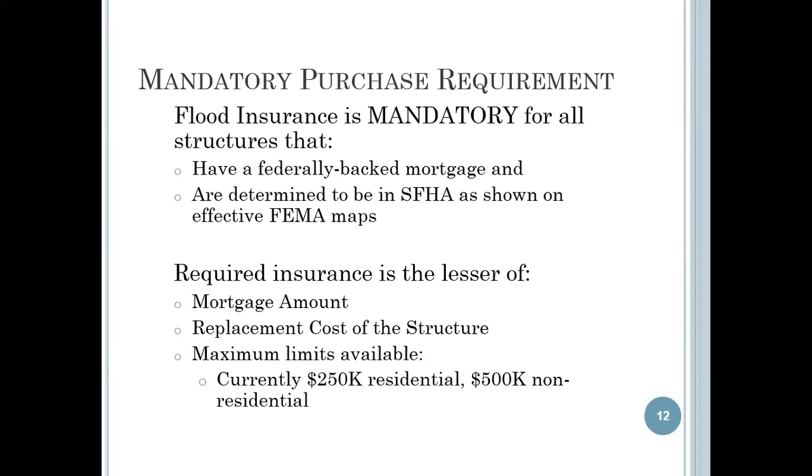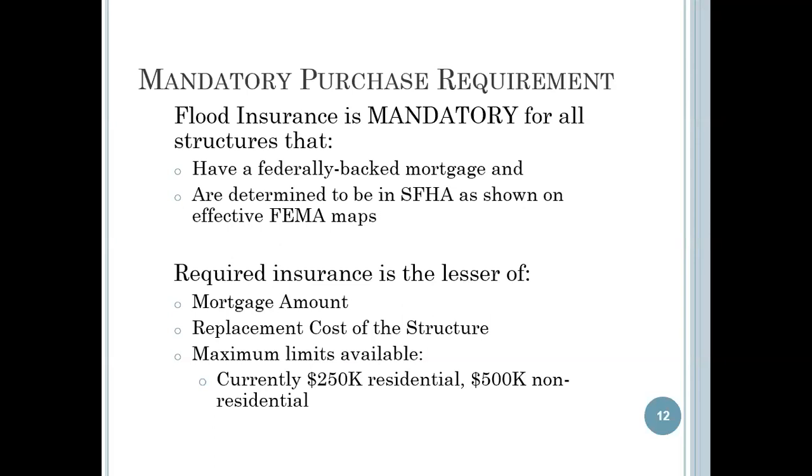And if it is, they must require flood insurance. Lenders are also required to have flood insurance if they discover that a property is located in a special flood hazard area.